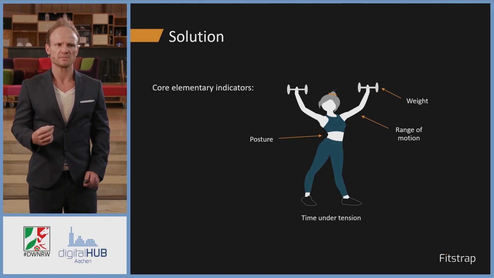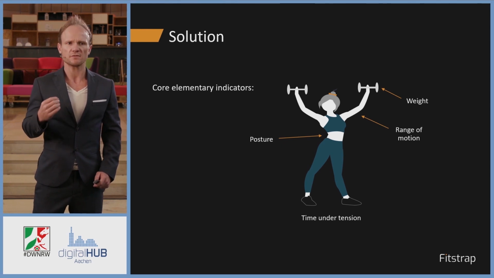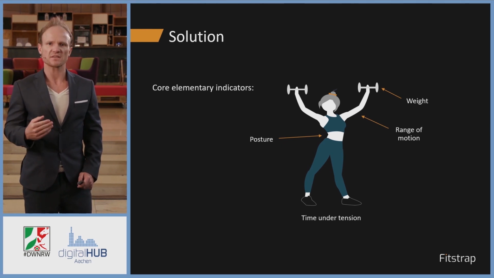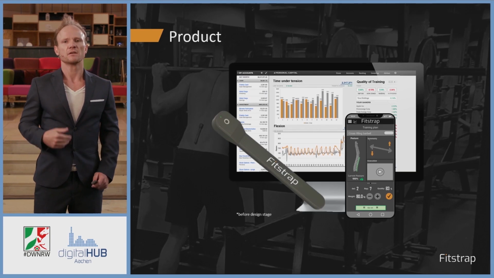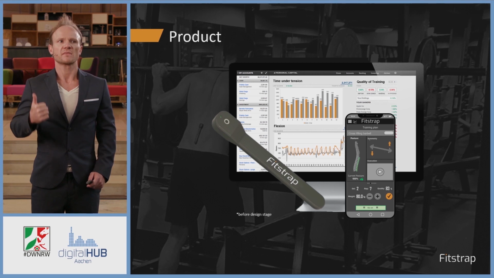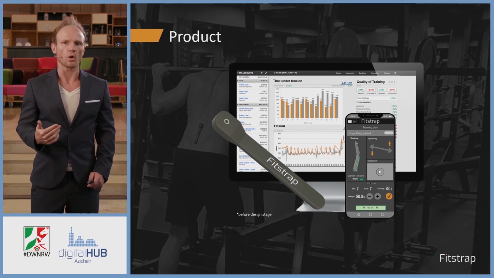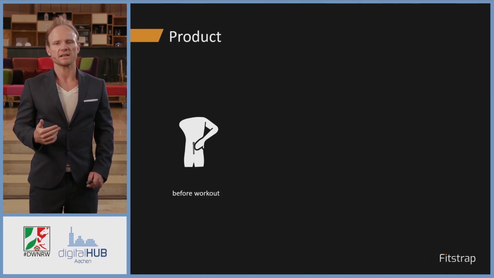We from Fitstrap find a technical way to monitor these 4 elementary parts. The result is Fitstrap. Fitstrap consists of 3 elements: a sensor, an app, and a software. And how does Fitstrap work? Before training, the sensor is simply attached to the user's back.